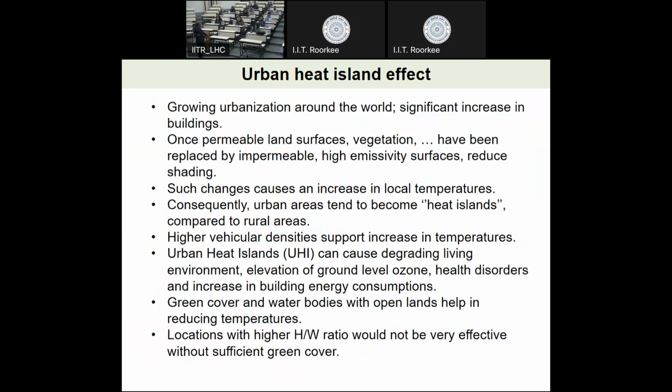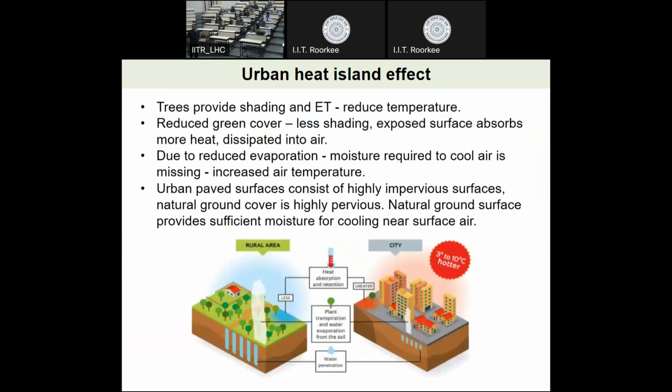But in urban areas, fossil fuels are burnt a lot. If you are passing on the road, suppose a big car passes with air conditioner on, you will see suddenly a gust of warm air. Okay. So it is emitting a lot of heat. And all that is building up in the air, leading to this urban heat island effect.